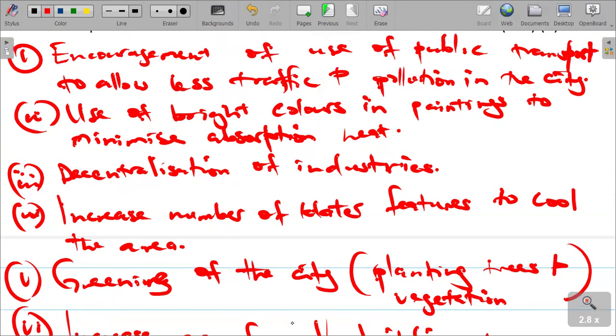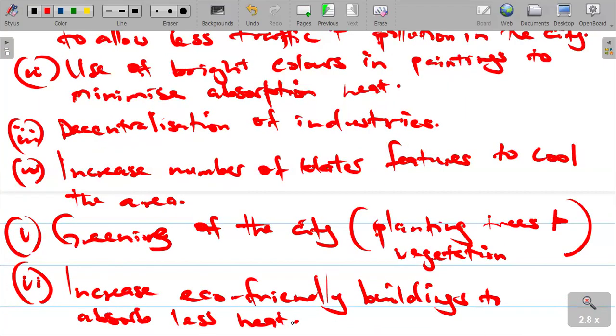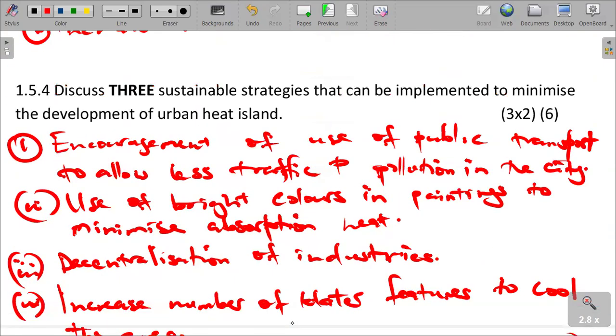So basically, I'm saying, class, all these are points that can apply with regards to every effort that can be made to reduce the effect of high temperatures in the city.